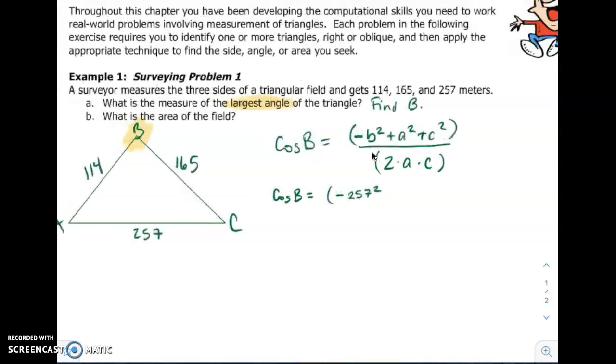And then A in my triangle is 165, and C in my triangle is 114, all divided by 2 times A and C. Okay, we're going to type that into a calculator, and then we're going to take the inverse cosine of it.